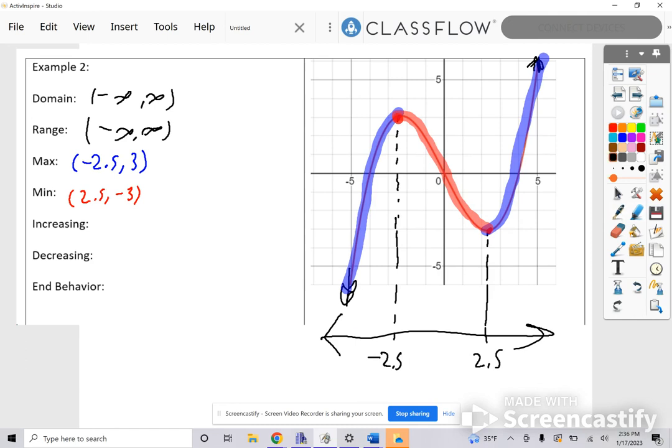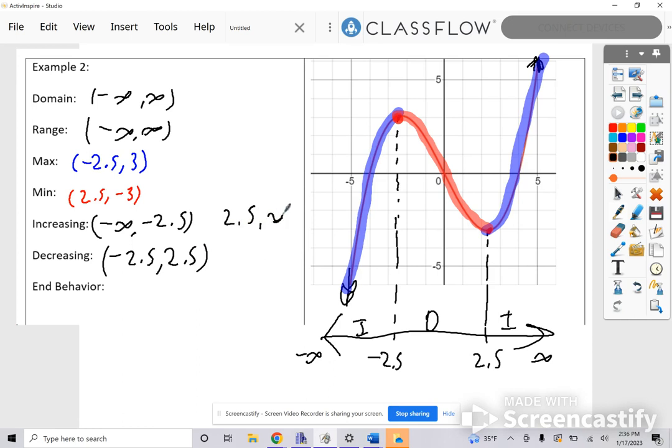So increasing from negative infinity to negative 2.5, decreasing in the middle, increasing on the end. So increasing, negative infinity to negative 2.5, decreasing, negative 2.5 to 2.5, and then increasing again from positive 2.5 to infinity. And we're going to use that union symbol because we've got intervals.